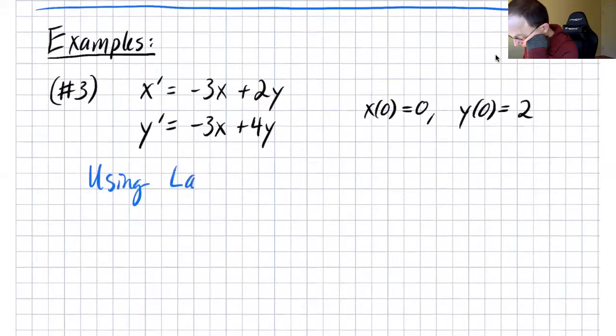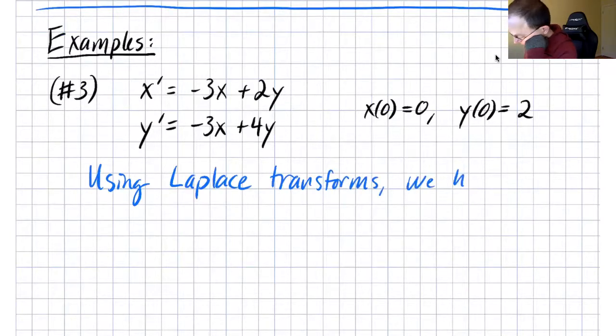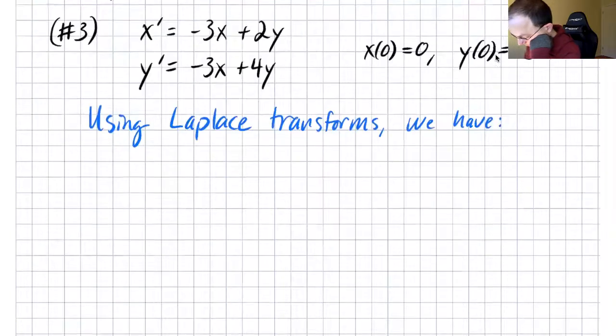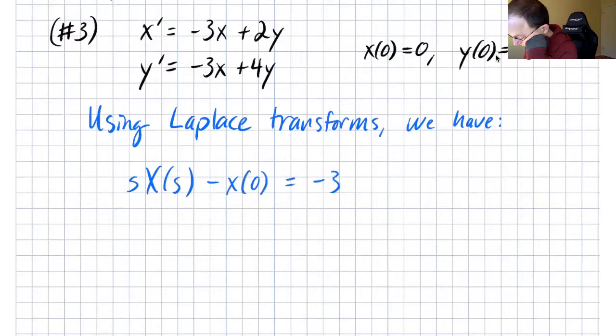Using Laplace transforms, we have s, maybe I won't use the square bracket, so it'll be s x of s minus x of 0 is equal to negative 3x of s plus 2y of s.